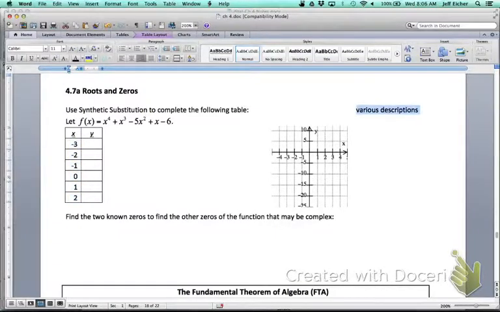The various descriptions here ask, since it's an even degree polynomial and the leading coefficient is 1, what will the graph look like? I'll let you do that on your own time. If you'd like to pause this video and take 5 to 10 minutes to complete that, you could do that. But I'm going to move on.